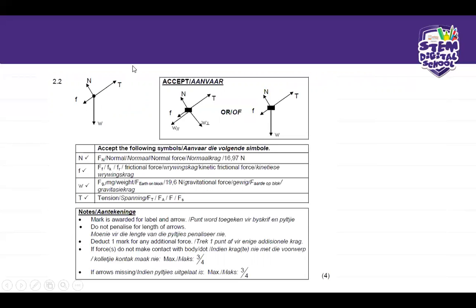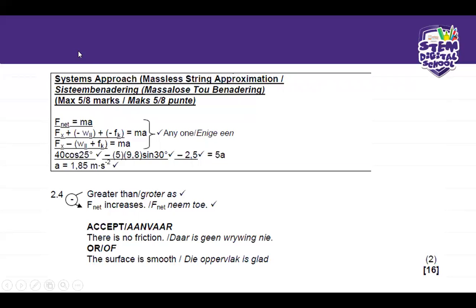So we're going to have our friction, our tension, which is going to be Fx plus the gravitational force plus the friction.